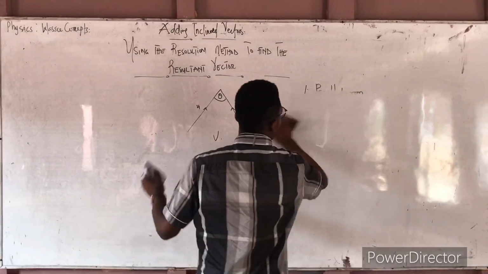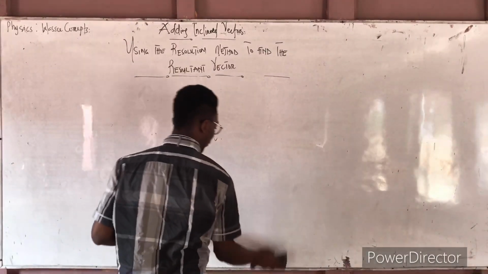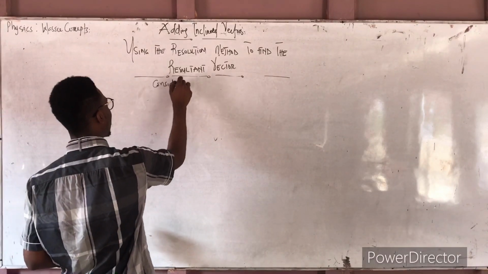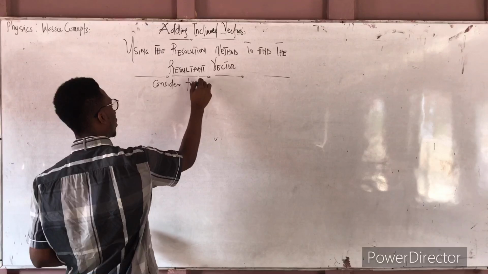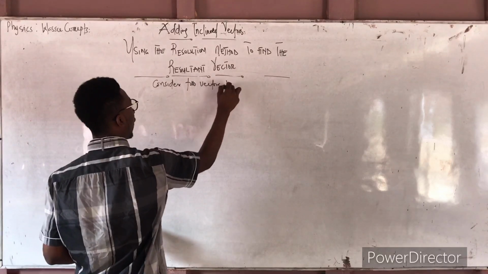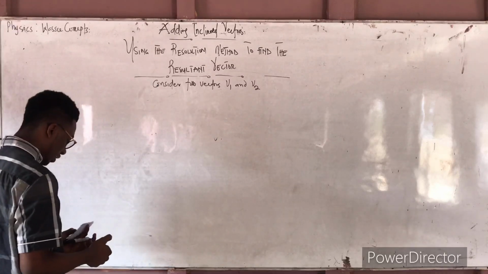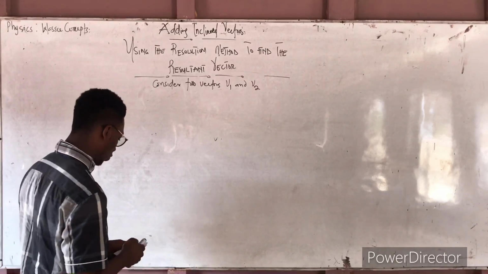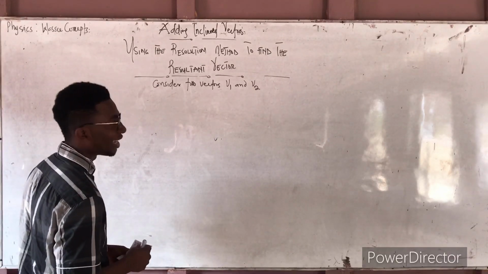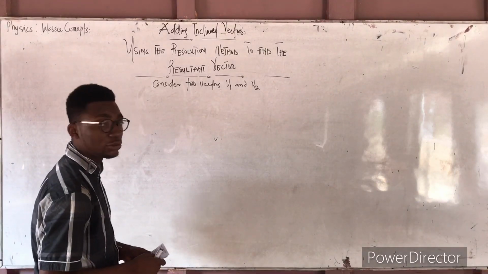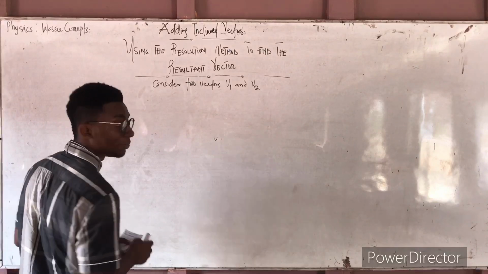Alright. So now let's consider two vectors, V1 and V2, inclined at angles θ1 and θ2 with respect to the horizontal, respectively.